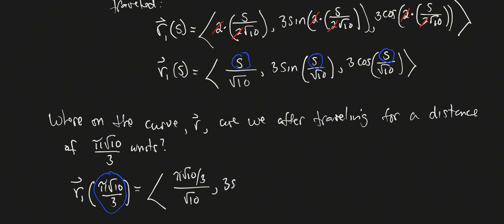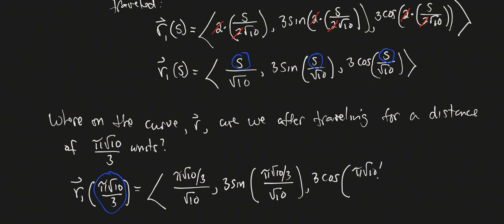So 3 sine of pi root 10 over 3 over root 10, and then 3 cosine of pi root 10 over 3 over root 10.